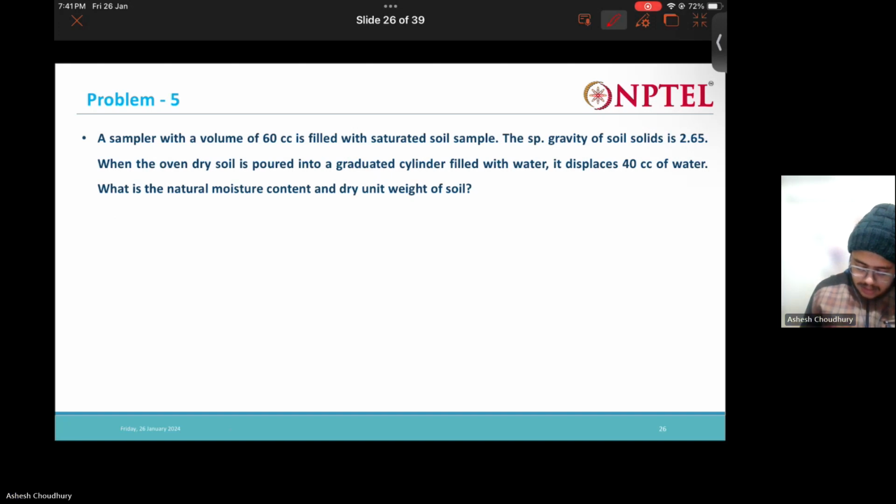Okay. The next problem: a sampler with a volume of 60 cc is filled with saturated soil sample. The specific gravity of soil solids is 2.65. When the oven dry soil is poured into a graduated cylinder filled with water, it displaces 40 cc of water.